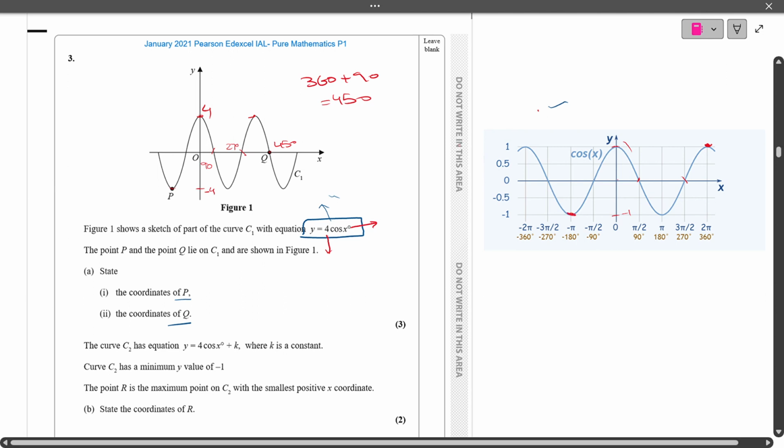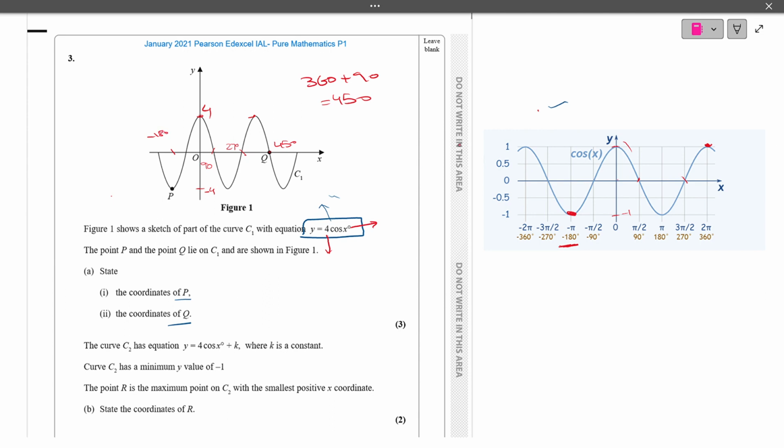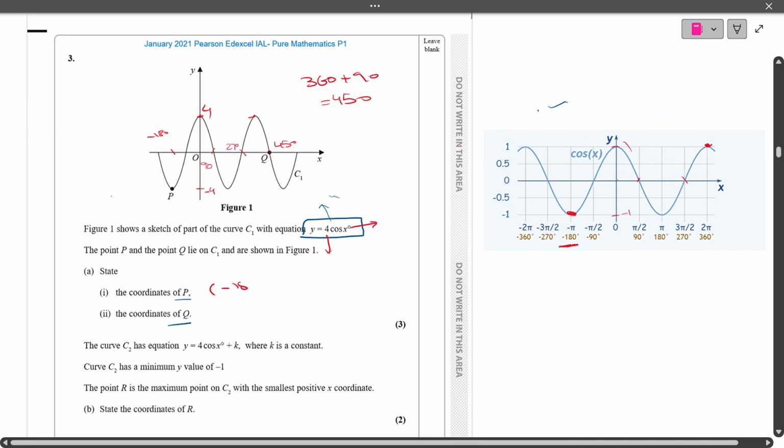This is the minimum point in the original graph, and the minimum point here, that is P, is this point that I have colored with red, and this point is negative 180 degrees. So the coordinates of P are negative 180 degrees and -4.